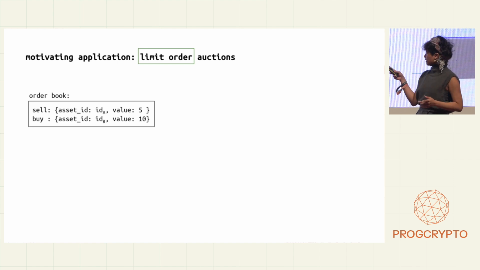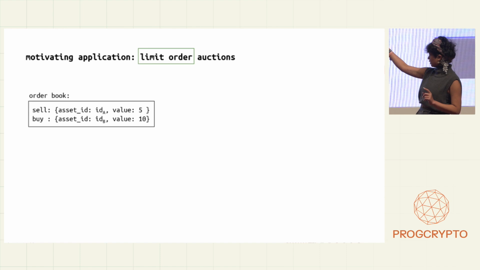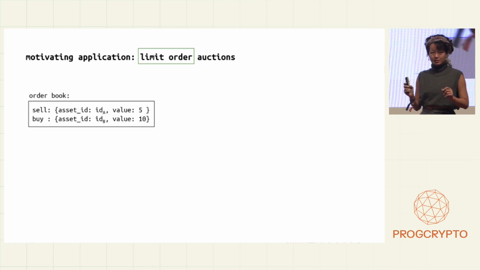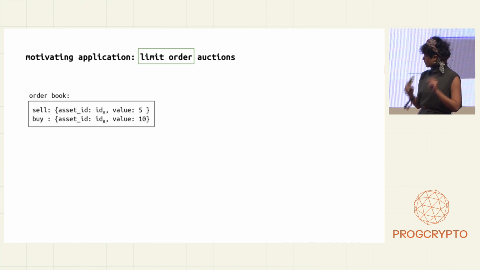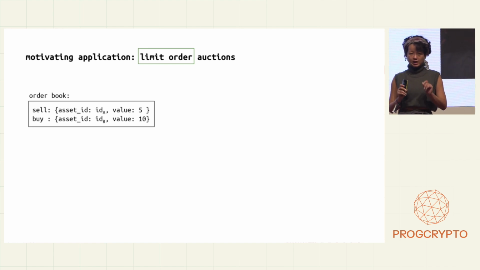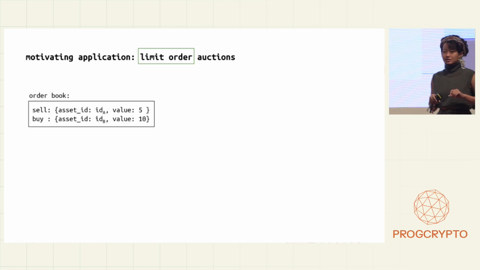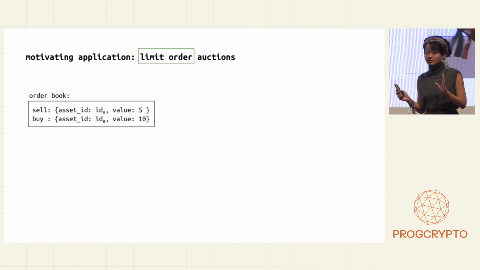In an order book, the user specifies both the amount and the price that they want. So the price over here is going to be 10B over 5A. So I will only sell asset A if I can get 10 units of asset B or more.